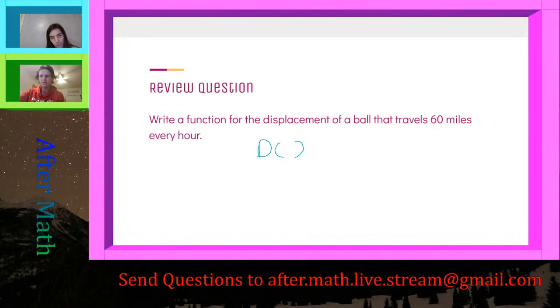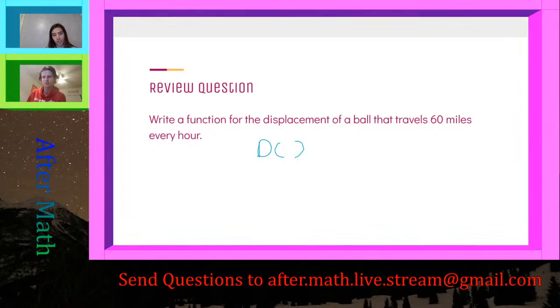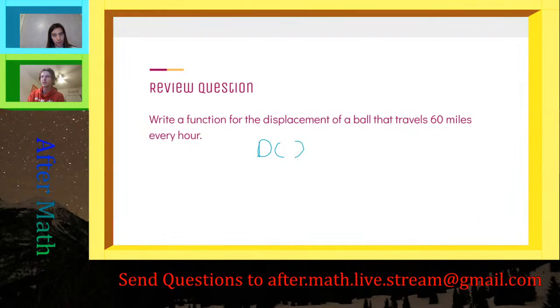Then I'm going to keep reading: a ball that travels 60 miles every hour. If it's traveling at 60 miles every hour, that sounds like a constant to me. That value is not changing. So I need to figure out what my independent variable is. It sounds like the displacement is going to be changing with time, right, Jaden?